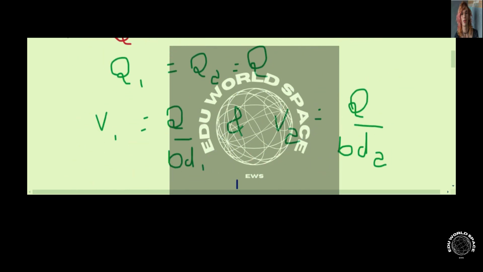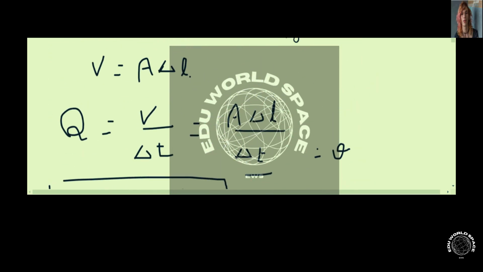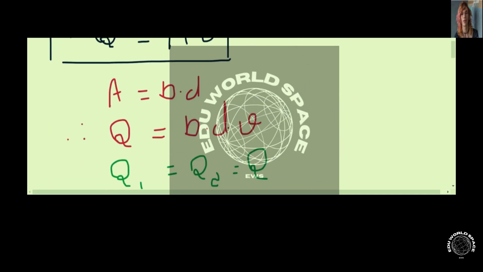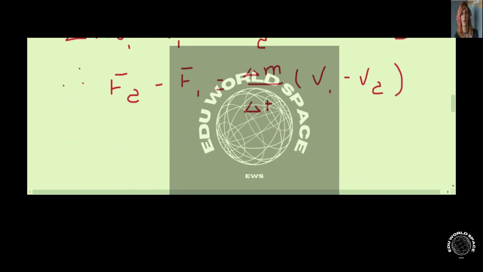V1 is equal to Q upon BD1 and V2 is equal to Q upon BD2, and delta M upon delta T value is rho into Q.